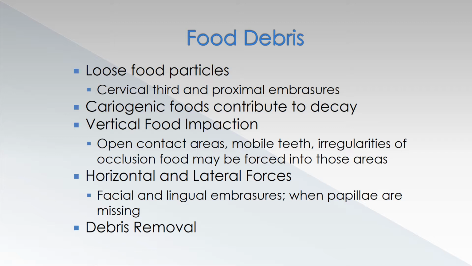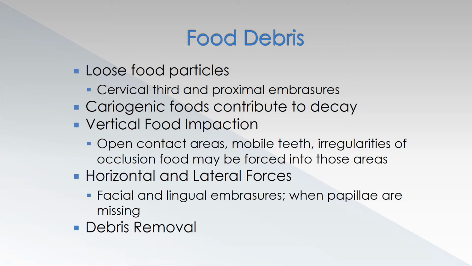And then we have horizontal or lateral food impaction, and this occurs in the facial and lingual embrasures, particularly when the interdental papilla, that papilla that's kind of peeking right between our teeth, are reduced or missing. So when you don't have those, it makes it pretty difficult to keep food out of there.